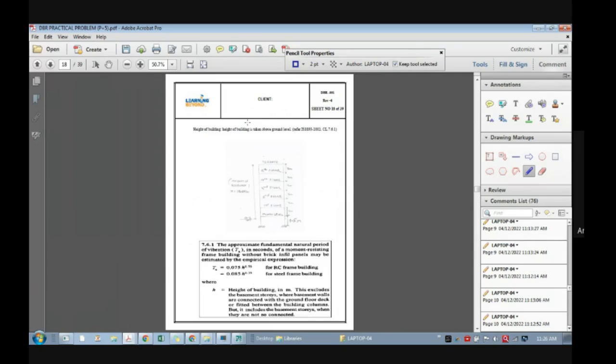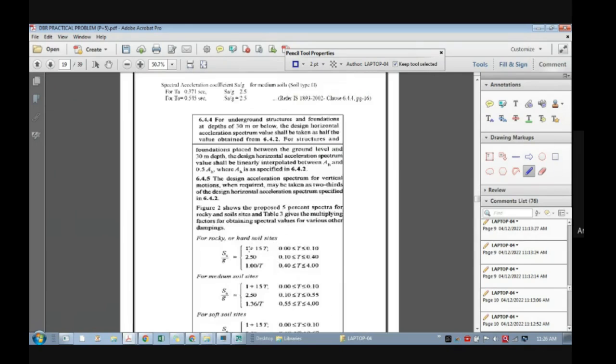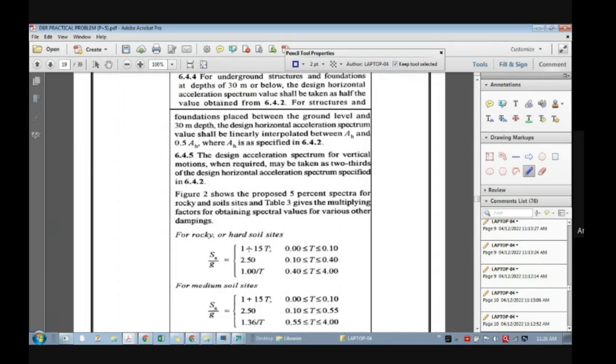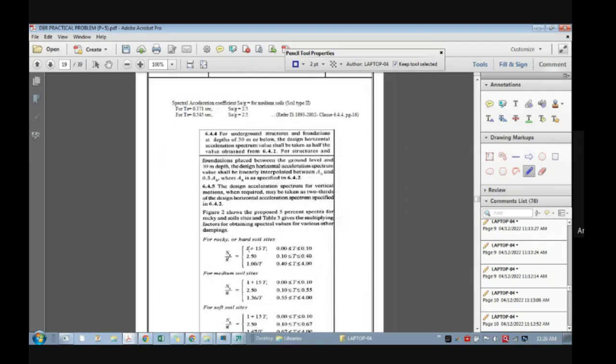Now there are some other calculations also, Sa by g. I don't know whether you know this. Now, what kind of strata are we getting there? It's a medium soil. The gravel and sandy soil was there, isn't it? We have mentioned from the geotechnical report that the soil is gravel and sandy. So I can consider medium soil.